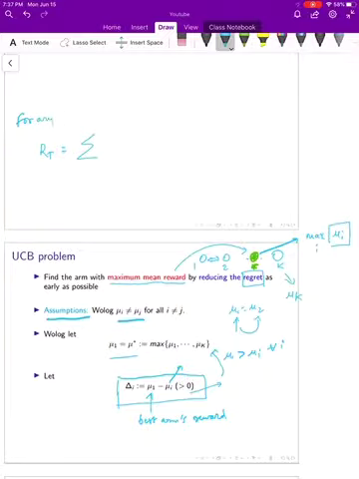For any finite time T, define this regret R_T as the summation from t equal to 1 to capital T of mu of I_t minus mu_1.